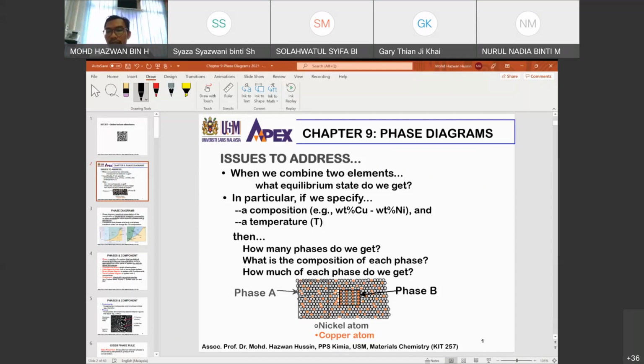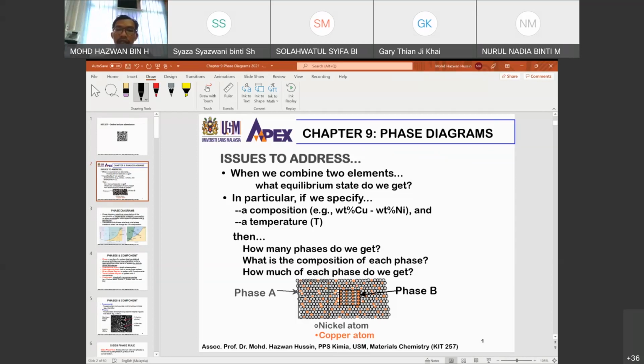Normally, in this chapter we are going to address the phase diagram of an alloy or metals. In order to produce alloys, you know that you combine at least two elements to produce one alloy. So what will happen to the physical state or the properties of this alloy? Okay, so what equilibrium state do we get?